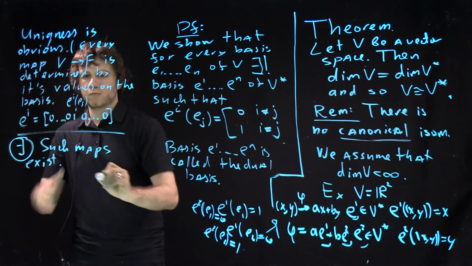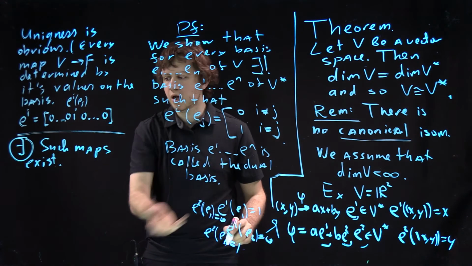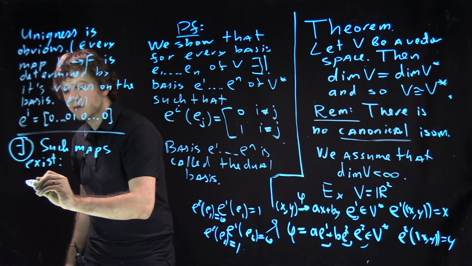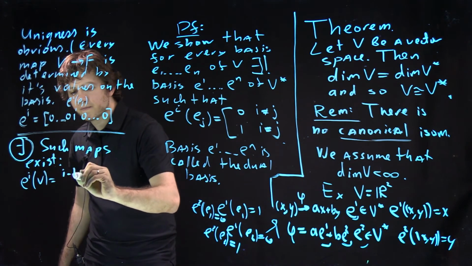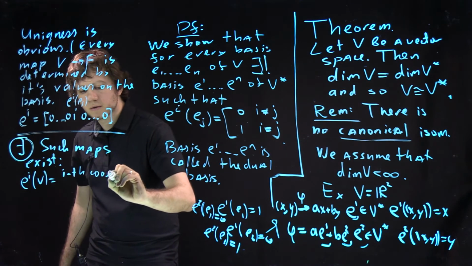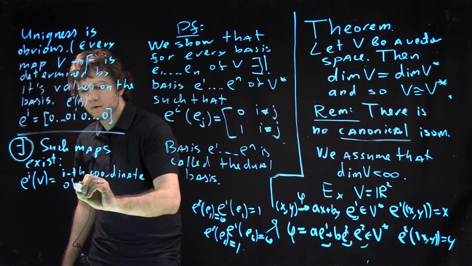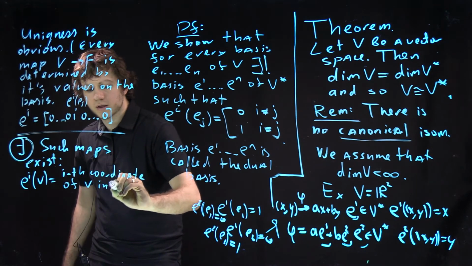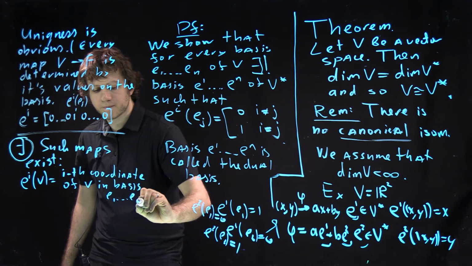And again, one can just say, let's take a map given by this matrix or defined by this formula, but also they have just this geometric meaning. So e^i of v is just i's coordinate of v in basis e_1, ..., e_n.